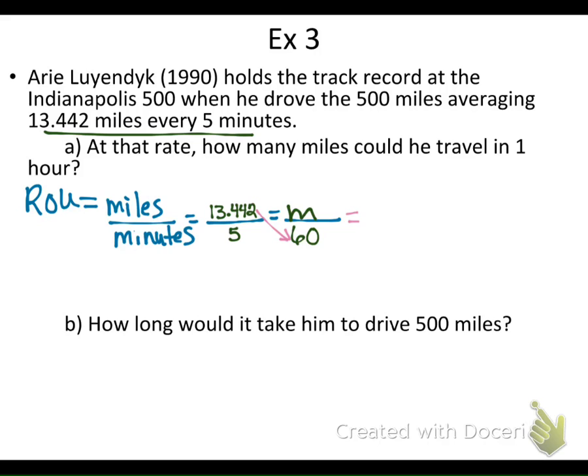So we're going to get 806.52 equals 5 times m, 5m. Okay? Draw my line. Circle my variable. 5 by 5.